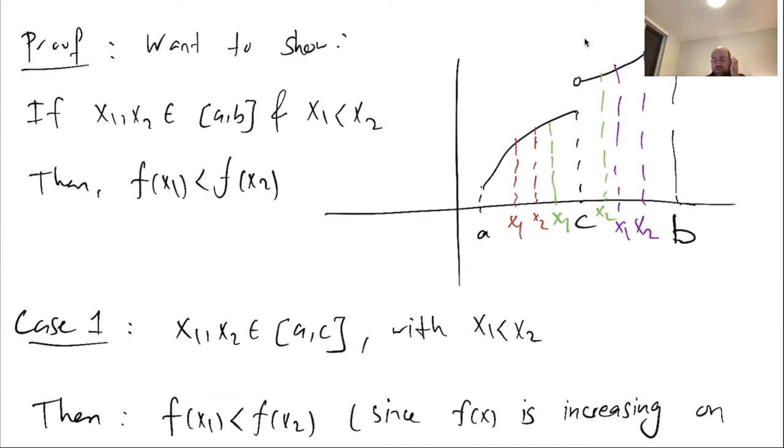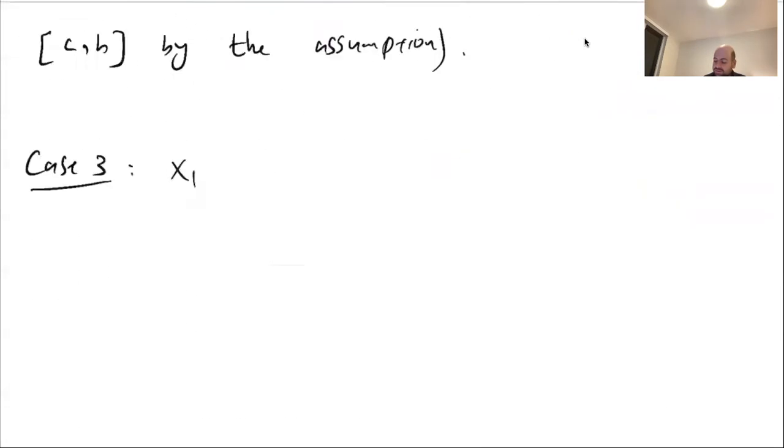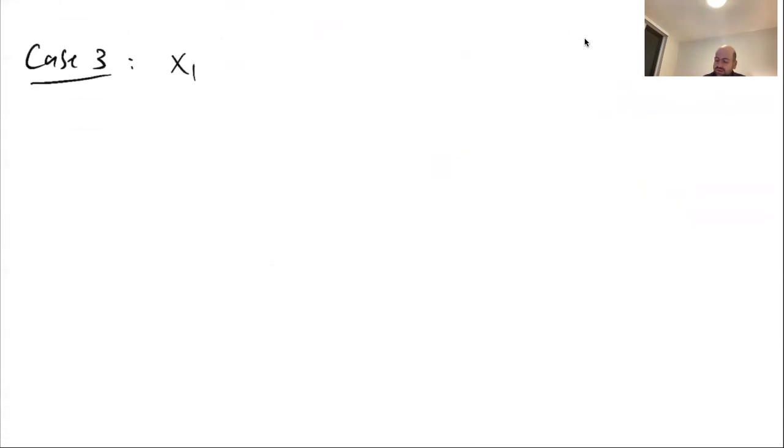So both x1, x2 do not have to be on the same subinterval. One of them could be in A to C, the other one could be between C to B. So case 3, x1 in A to C, x2 in C to B, and with x1 less than x2.